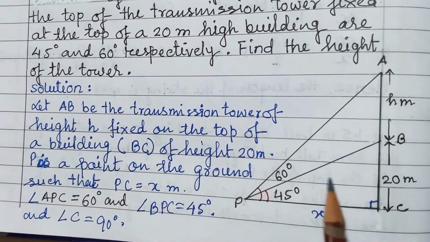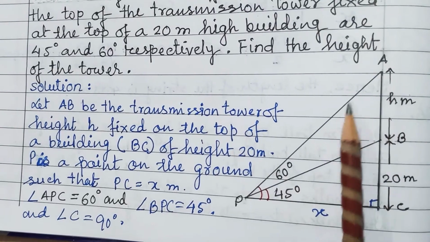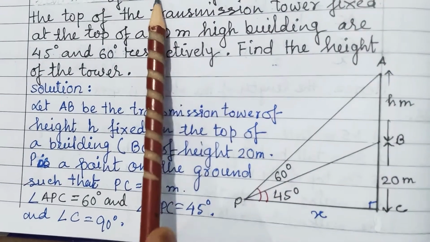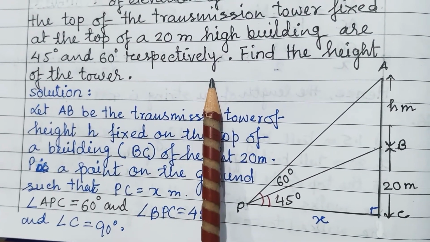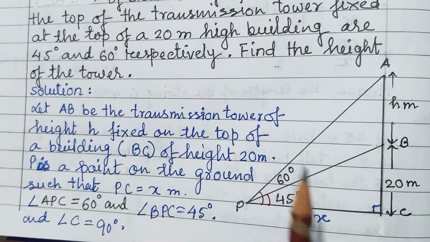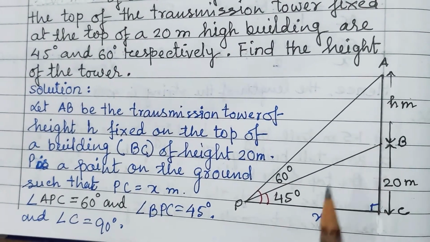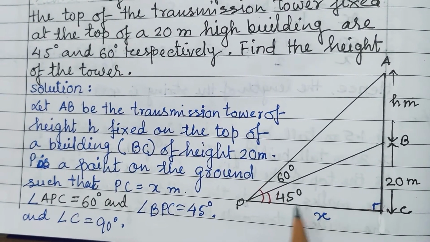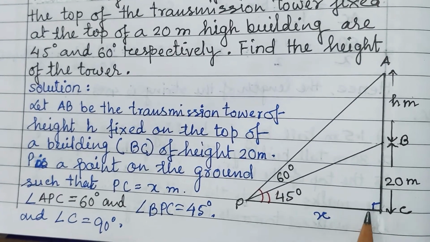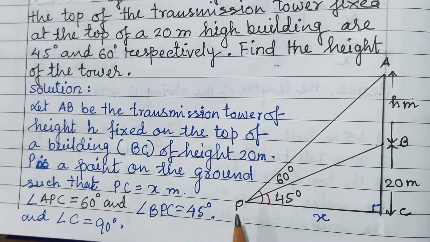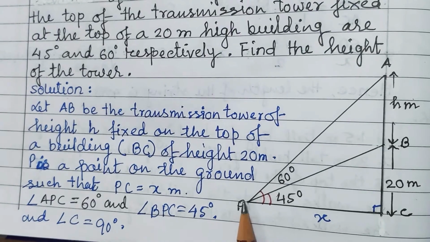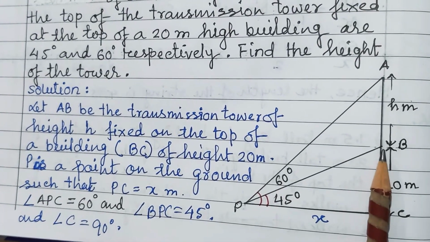The first point: you have to draw the correct figure for the description of the question. Second, you have to write what measurements are given. And third, where is the observer and what is he observing.